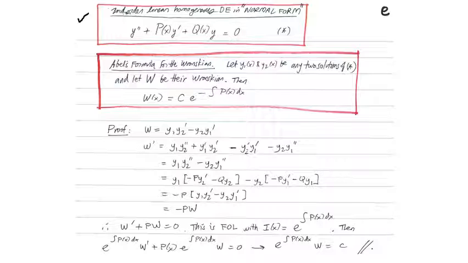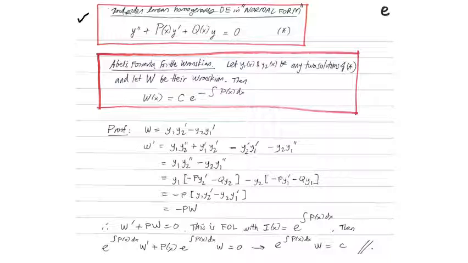At this point, we're only considering second-order linear homogeneous differential equations. We can always put a differential equation like that in normal form if we need to, just by dividing through by whatever the coefficient function of y double prime is, if necessary.